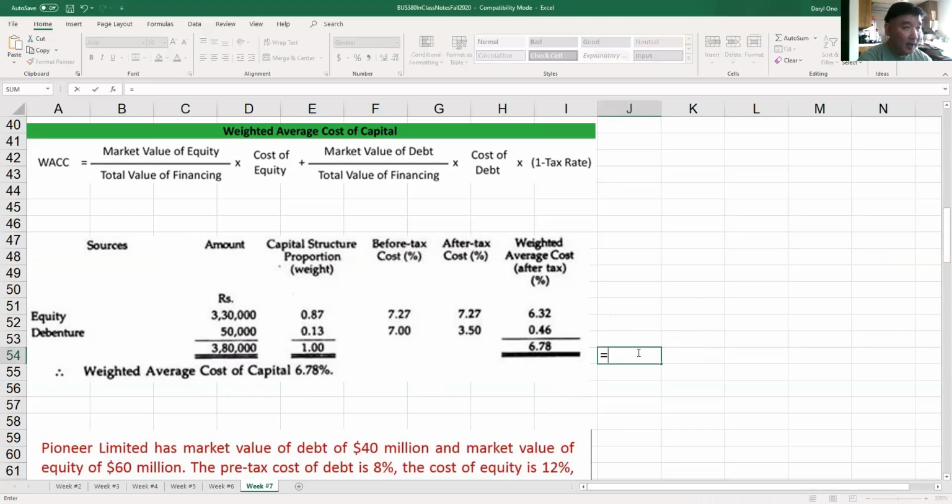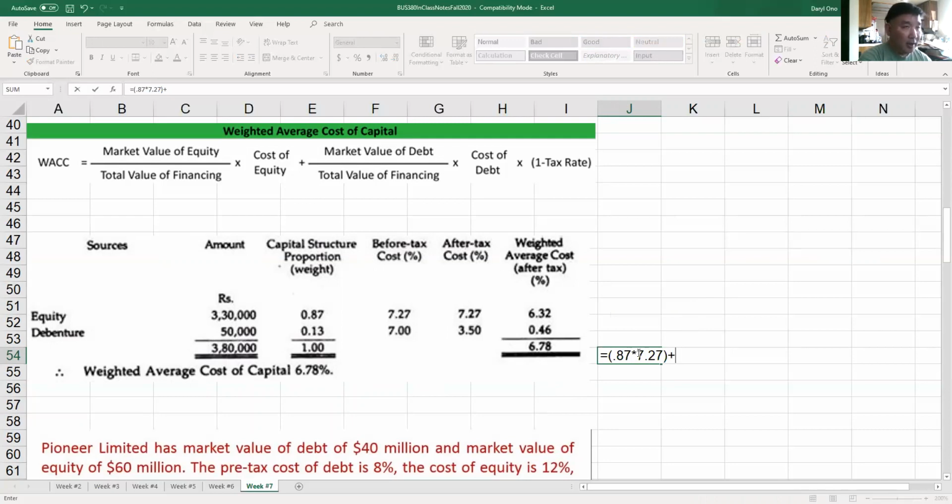So this is going to be equal to 0.87 times 7.27. Excuse me. Yeah. The last number shouldn't be 6, I think it should be 5. Is that right? Let's see.